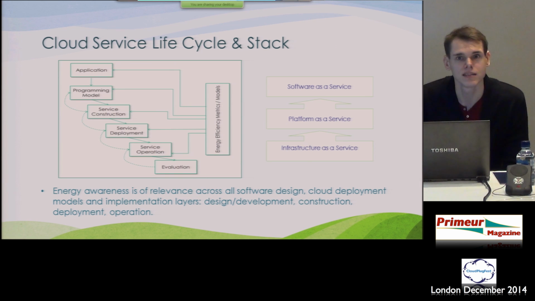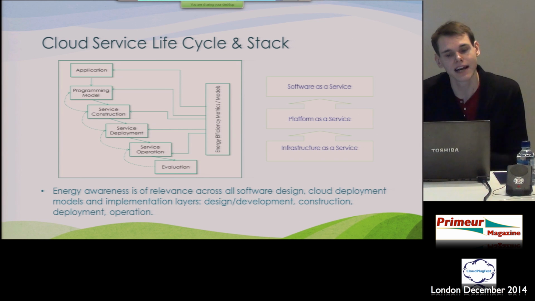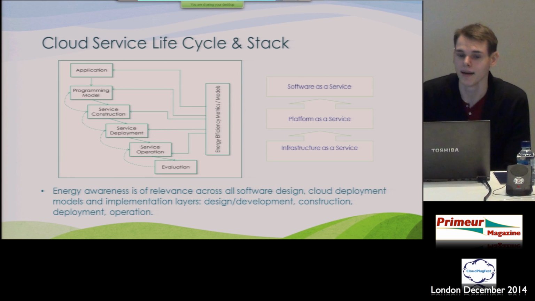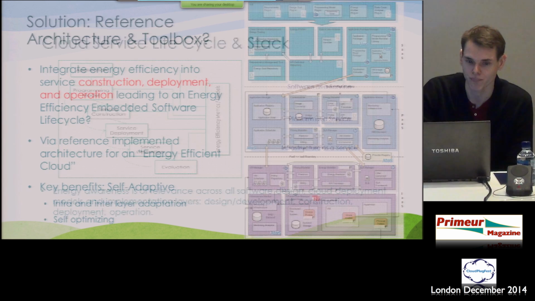So traditionally a data center may be only interested in the service operation and the energy consumption. This project is trying to take a holistic approach to energy consumption and look at it from the application development right down to the hardware level, and how we can optimize each aspect of an application's development and service lifecycle to reduce energy.